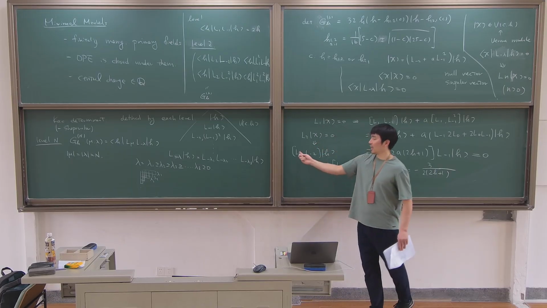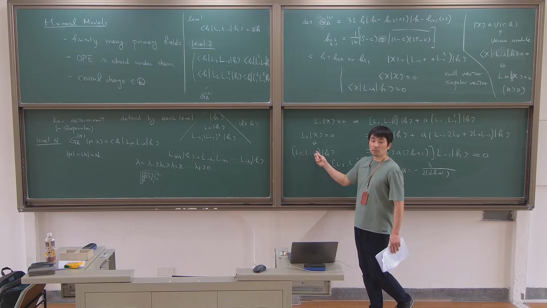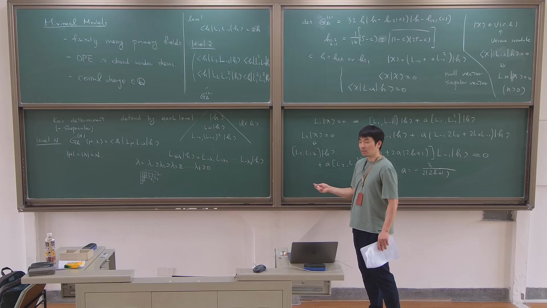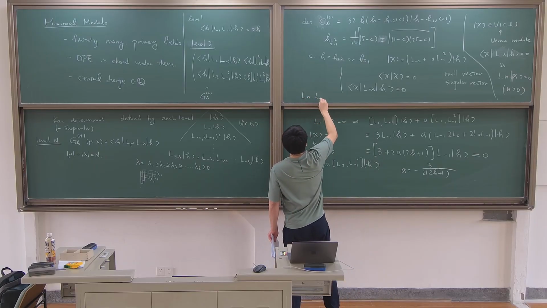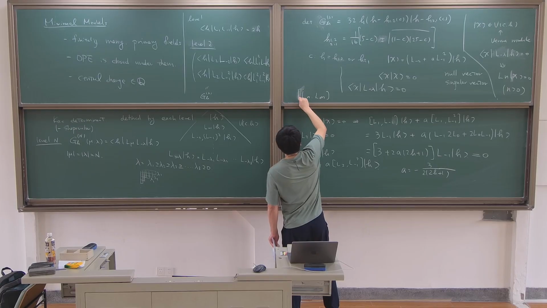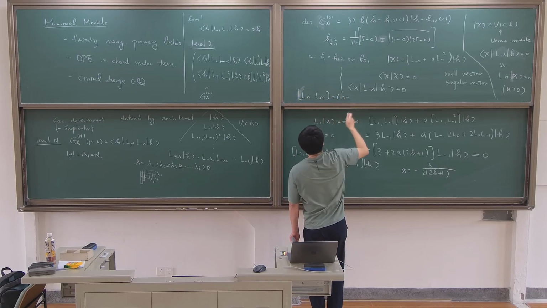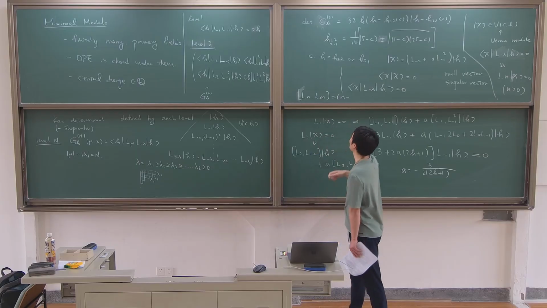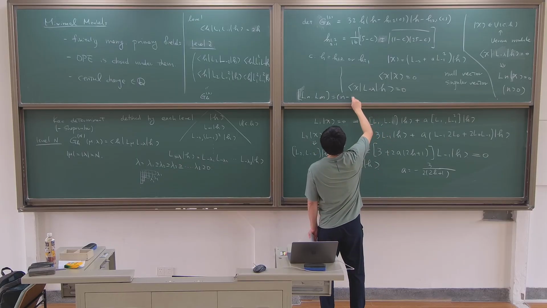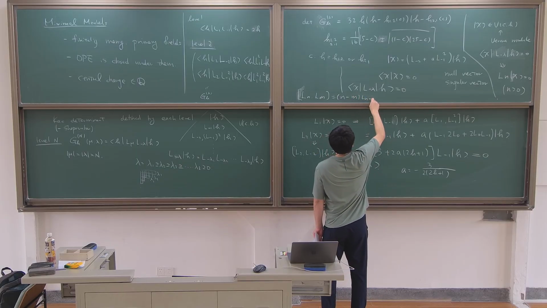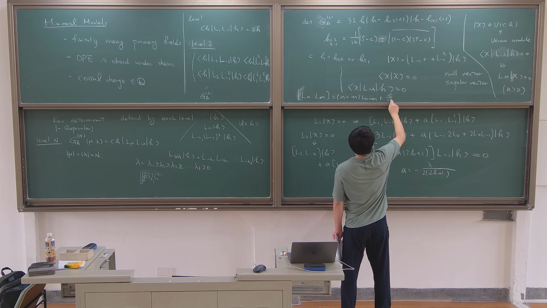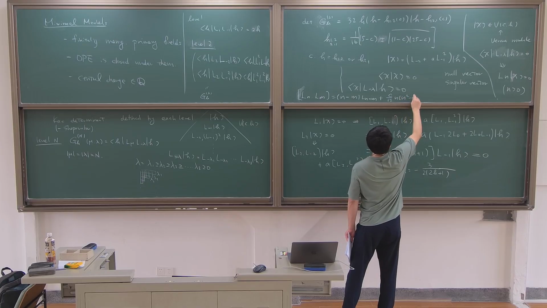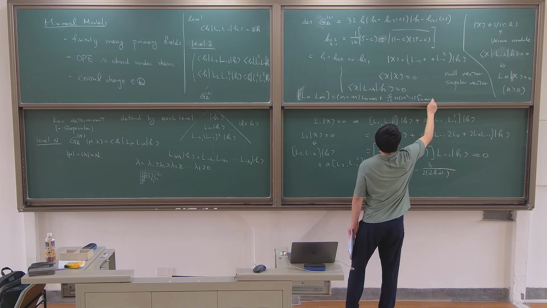We know that L_2 and L_{-2} will give us some central charge, because of the Virasoro algebra: c over 12 times (n cubed minus n) delta_{n+m,0}.